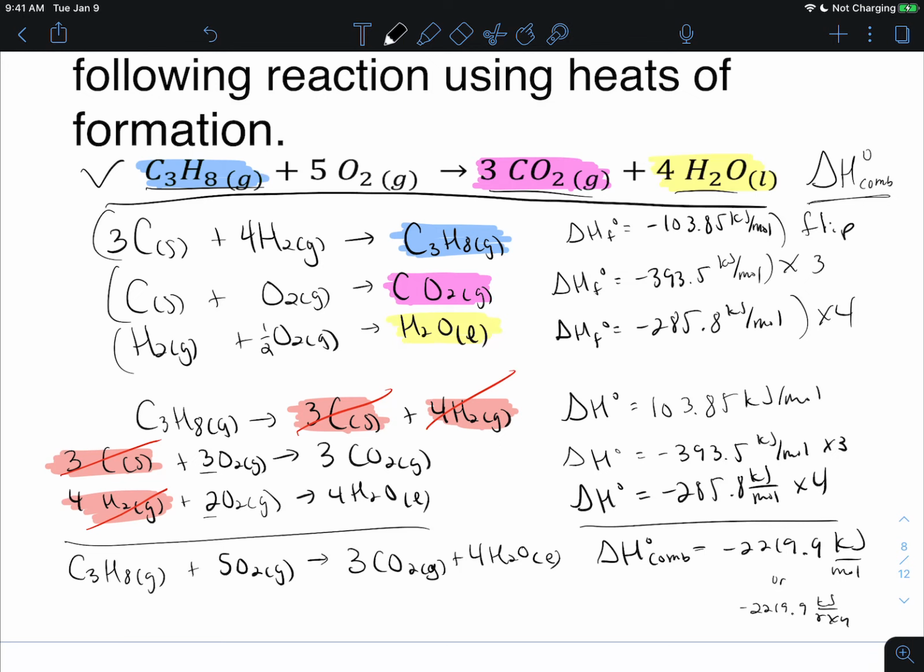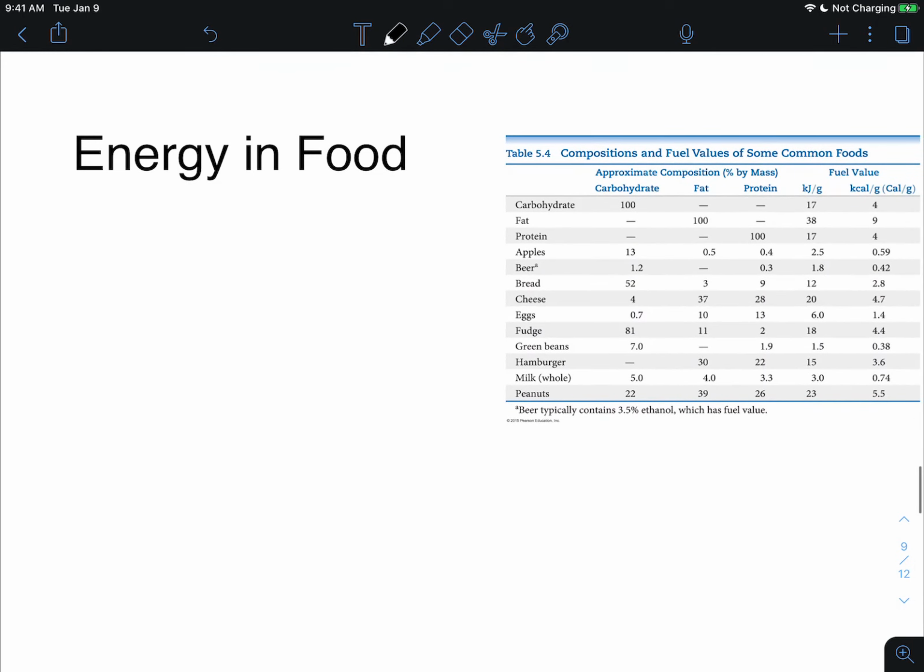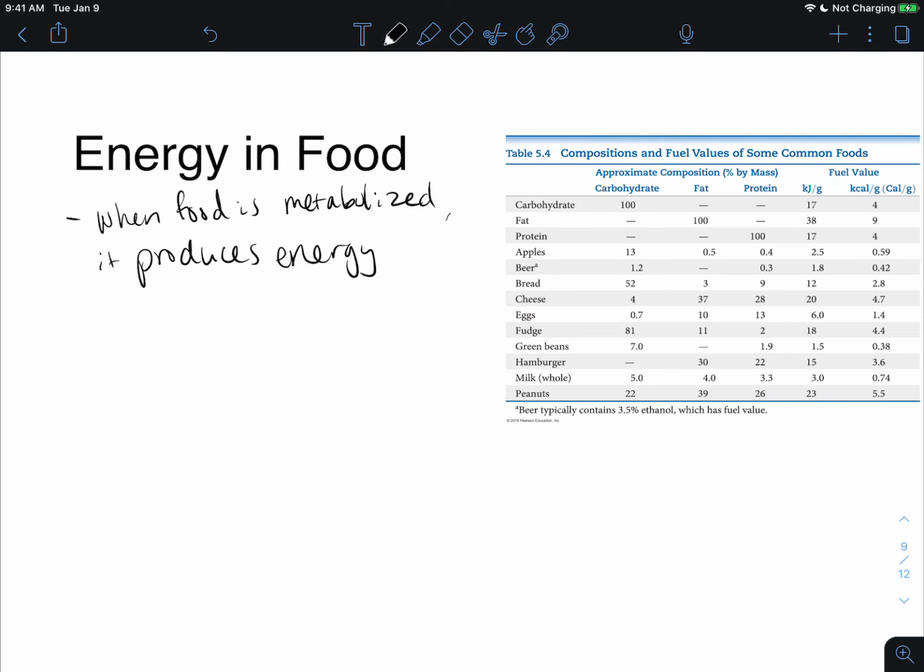The last thing I want to talk about quickly is the idea of energy in food. For the most part, probably the energy that you guys are familiar with is energy in food in the form of kilocalories, right? So when food is metabolized, it produces energy. And that value, that calories, is determined using bomb calorimetry.